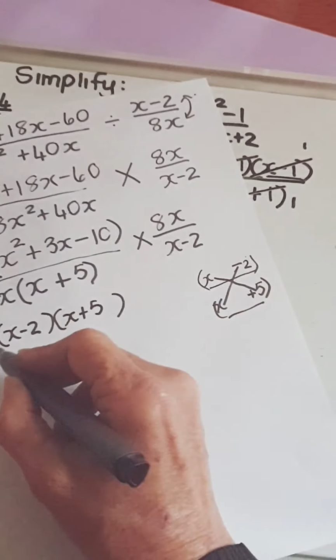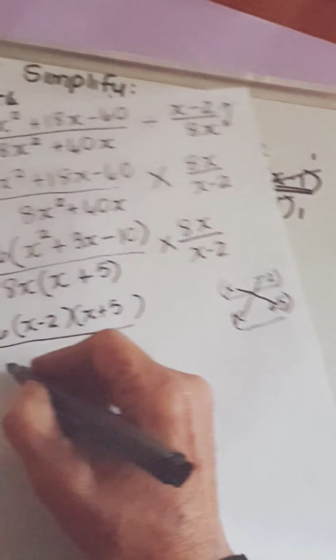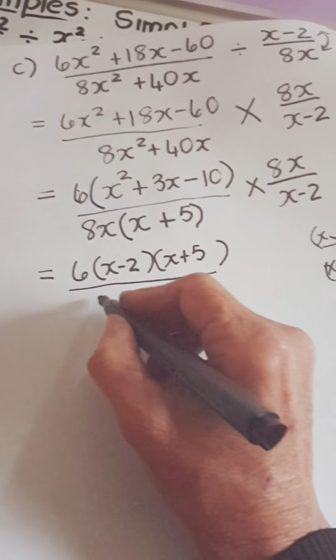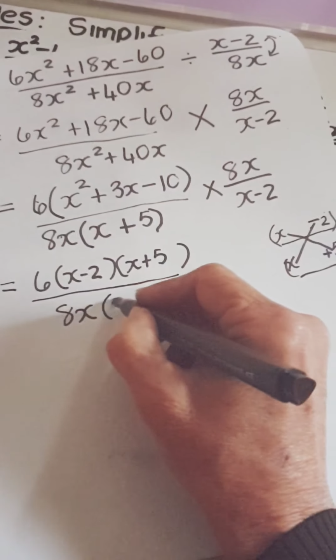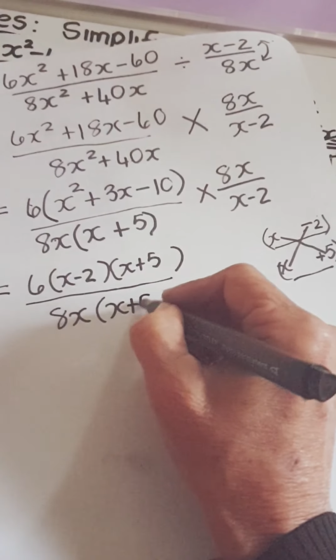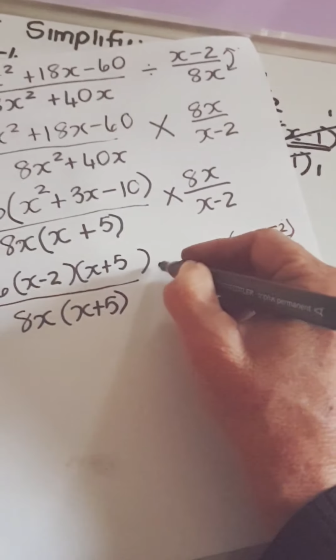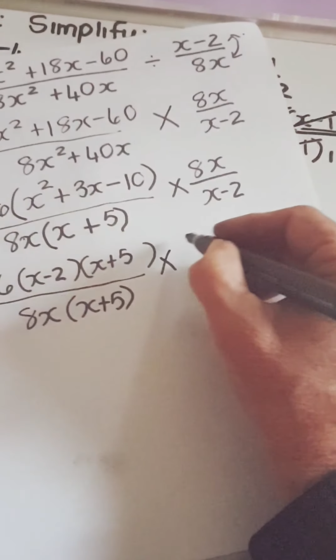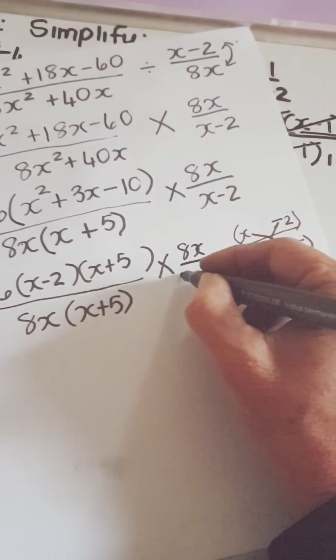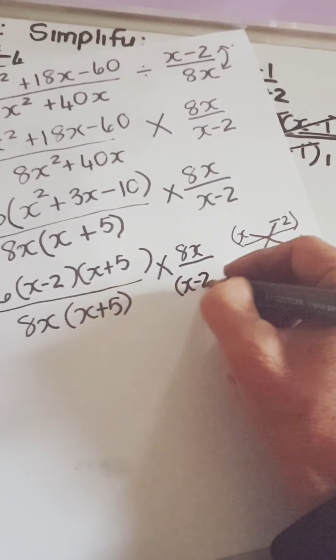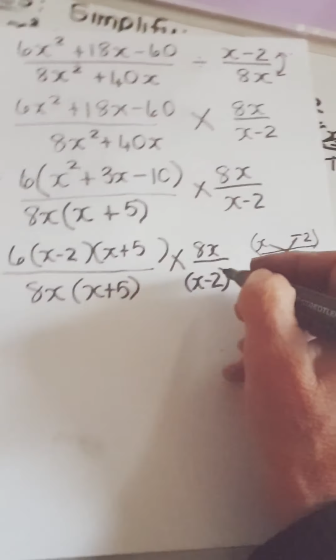And I'm dividing with 8x times x plus 5. Do you see all the factors that are common? And I'm multiplying all of that with the 8x. Let's put the x minus 2 in a bracket as well. So let's see now.